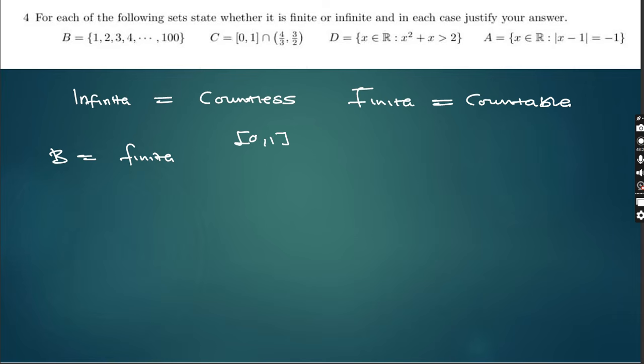So these numbers can be 0, 0.1, all the way up to 1. But this other set is telling us to start from 4 over 3. So what is 4 over 3? 4 over 3 is about 1.3, all the way to a number which is less than 3 over 2.